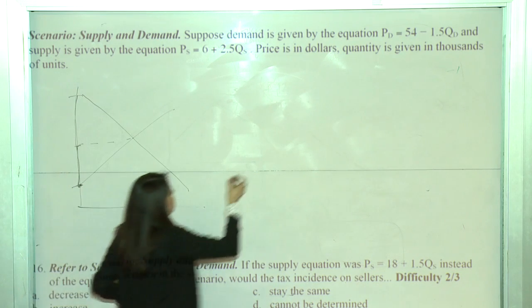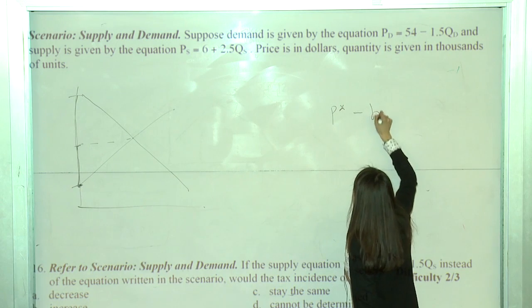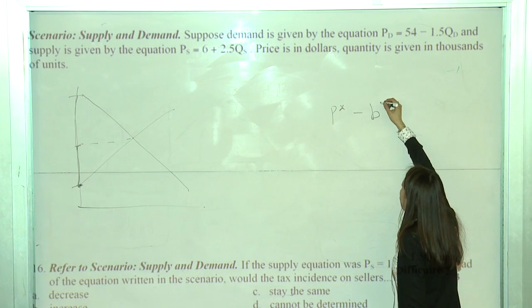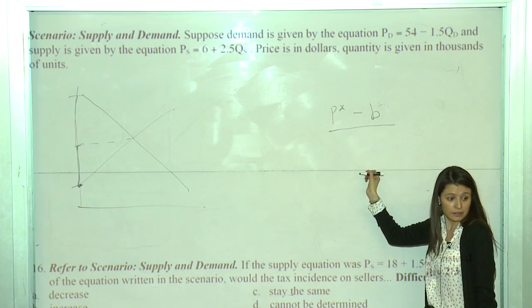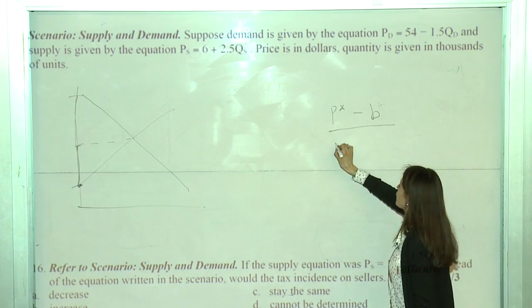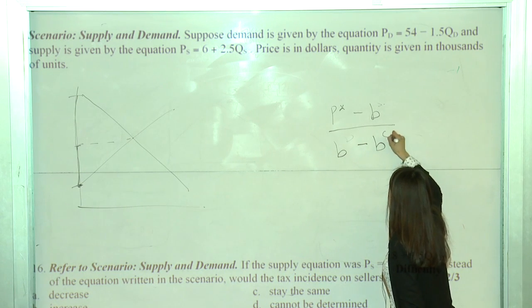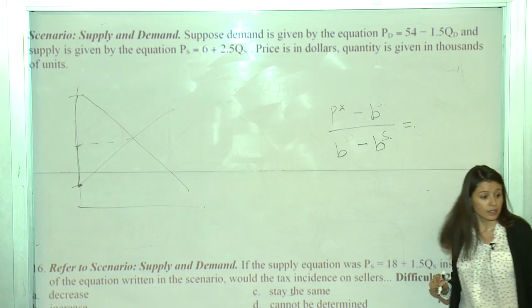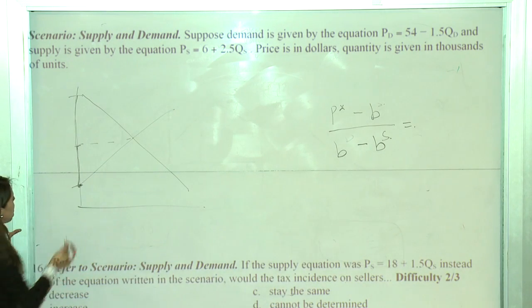So this is the price of equilibrium minus the intercept of the supply function, divided by the intercept of the demand function minus the intercept of the supply function, okay? So what happened? We had a change.